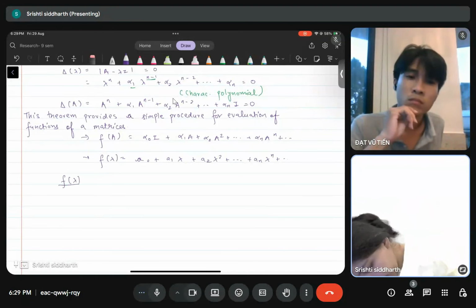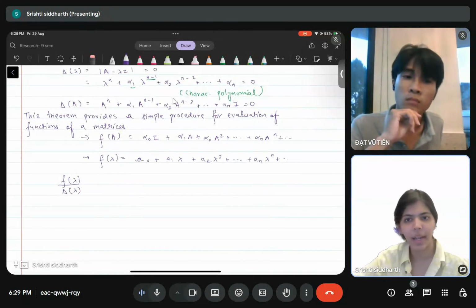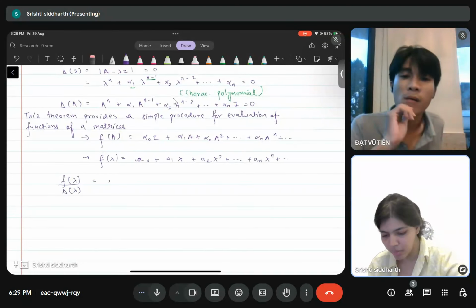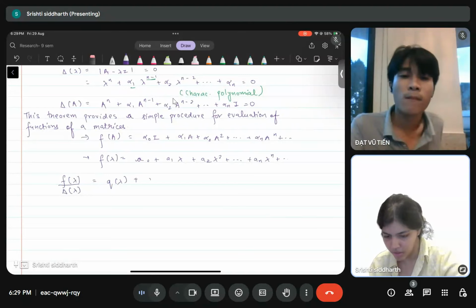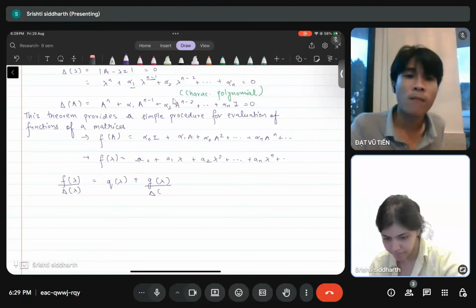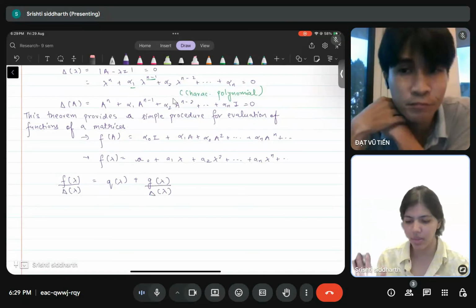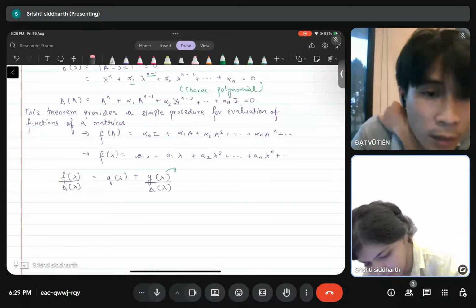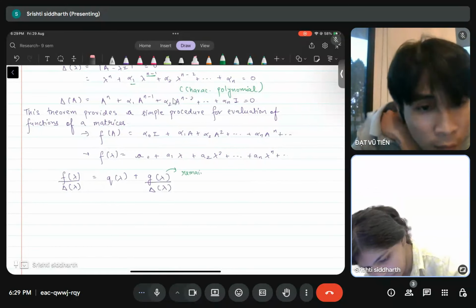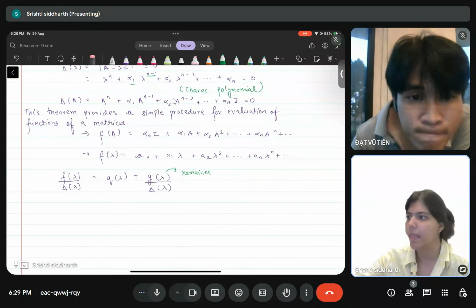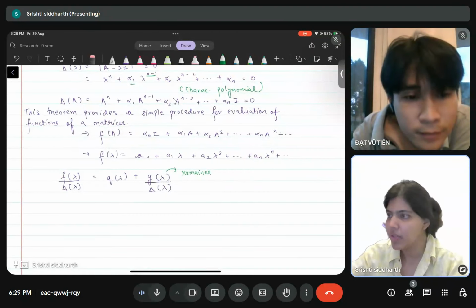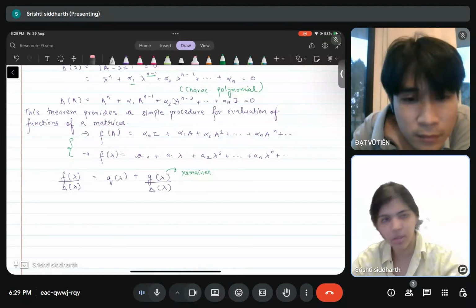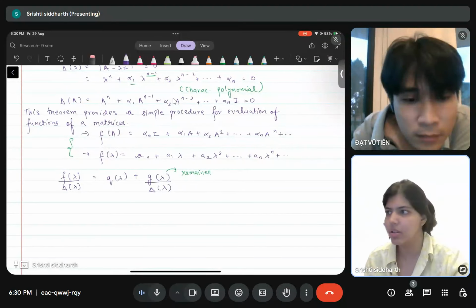And if we divide by the characteristic polynomial delta lambda, let's say this is in some general form, Q lambda plus G lambda over delta lambda. So G lambda is the remainder of a function like this, and it also looks like some polynomial expansion.